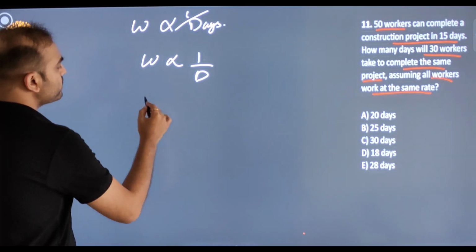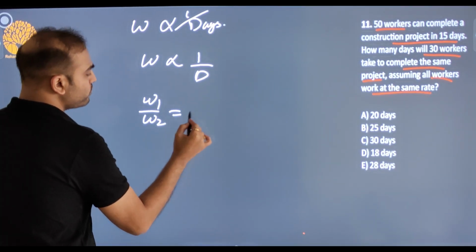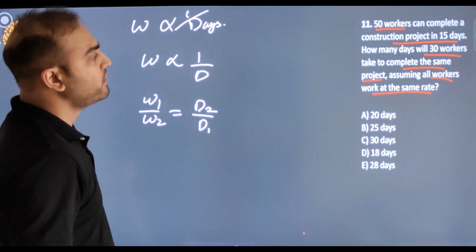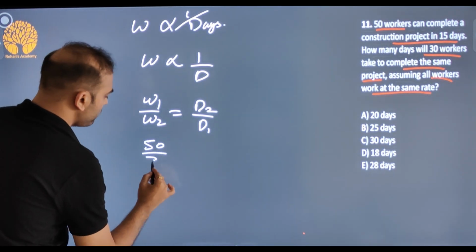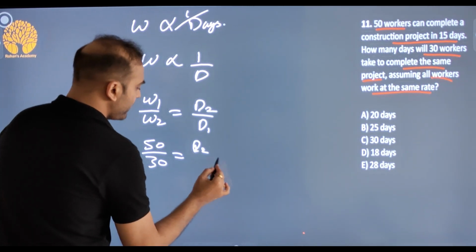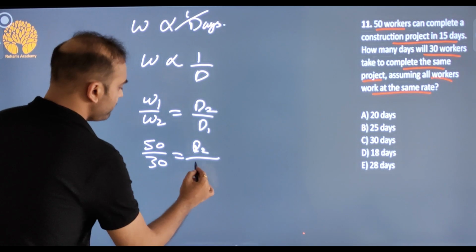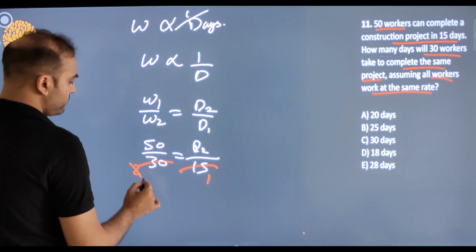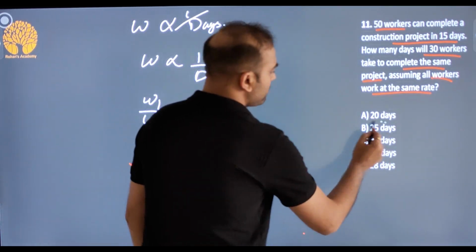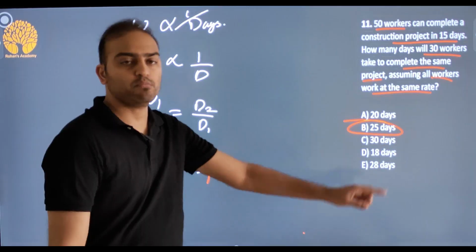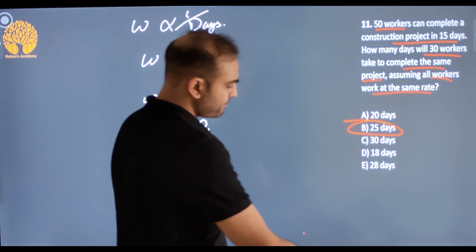So W1 by W2 is D2 by D1. Now we just plug in values: 50 over 30 is D2 over D1, where D1 is 15. 15 ones are 15, twos are 25, which kind of makes sense also. If your workers decrease, time should increase.